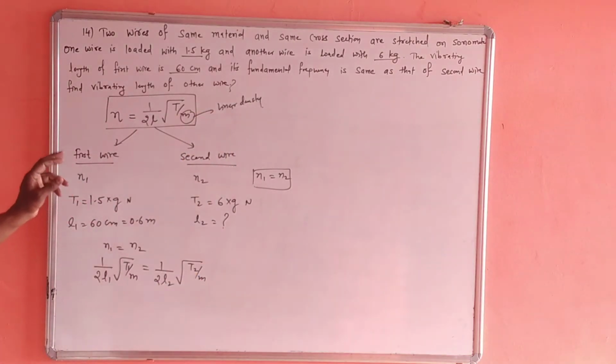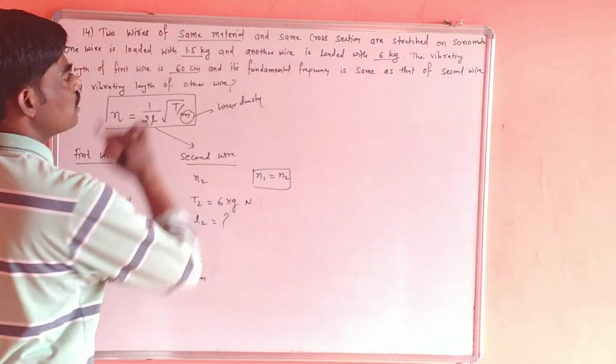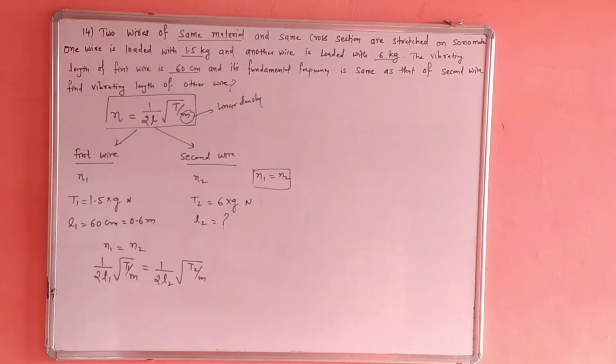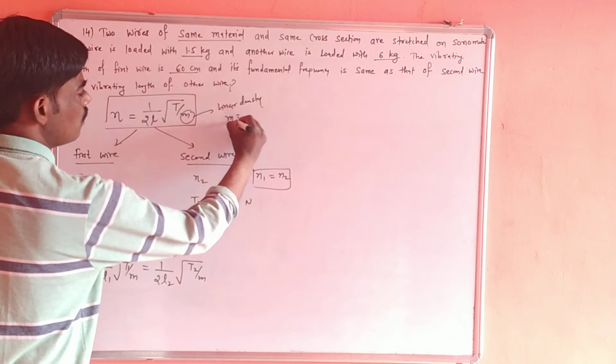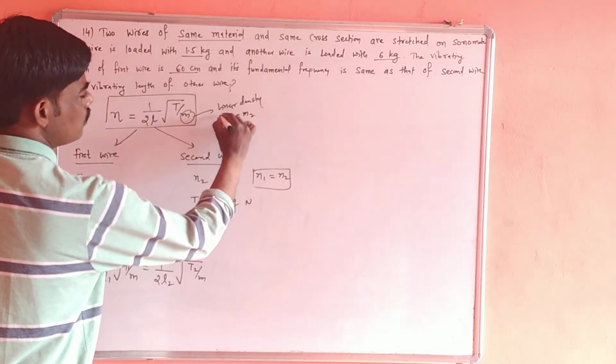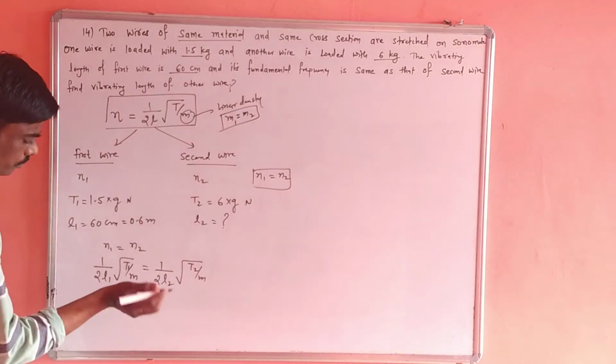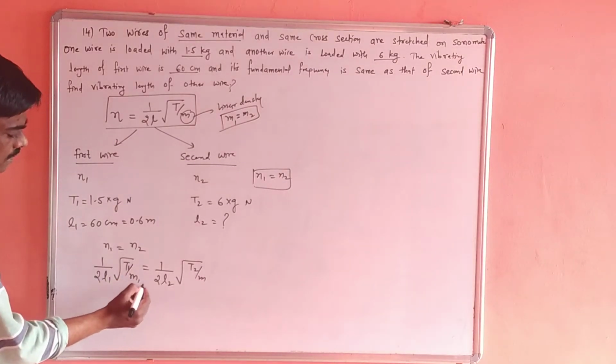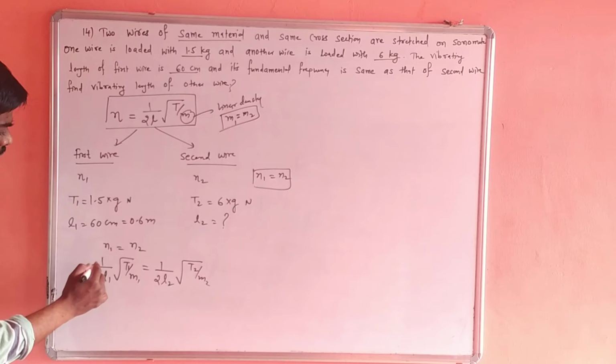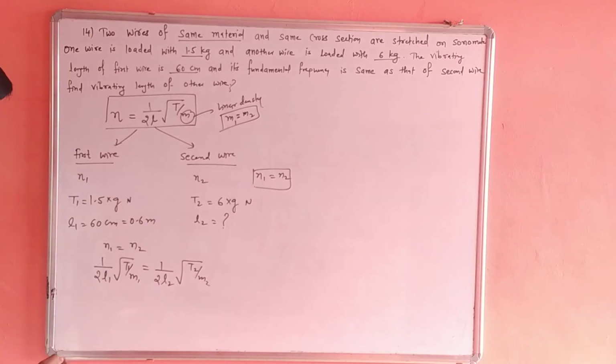And as the material is same, this word is important, same material, that means linear density of both wires should be same, m1 is equal to m2. So we can cancel it, common term we can cancel. So what we get?